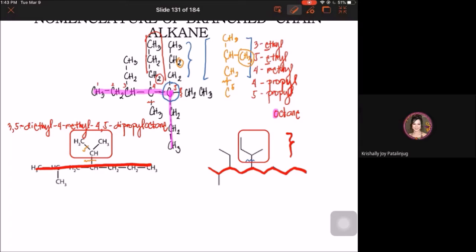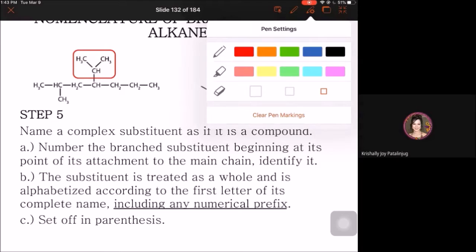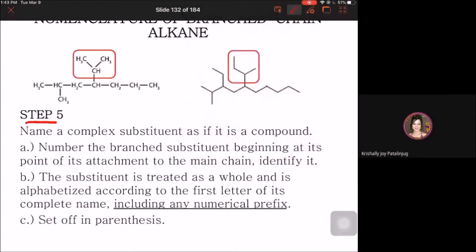So how do we name a compound fully if that is the case? In that case, we have to add step number 5. You have to name the complex substituent as if it is a compound. You already know the 4 basic steps in naming an organic compound, step 1, 2, 3, 4.